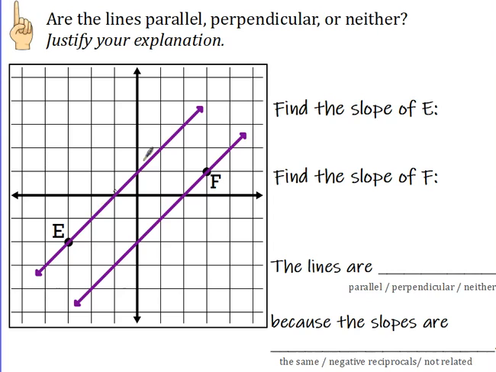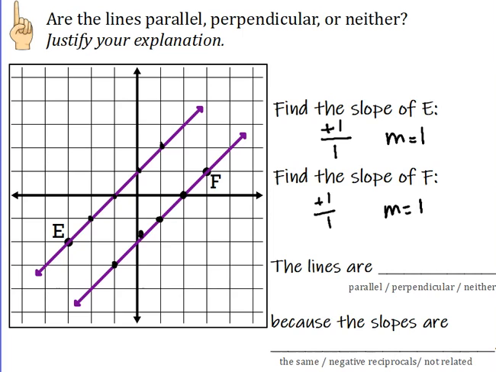This is line E, and I can see that from point to point to point to point, line E goes up 1 over 1, so it has a slope of 1. This line that passes through F, from point to point to point to point, also goes up 1 over 1.